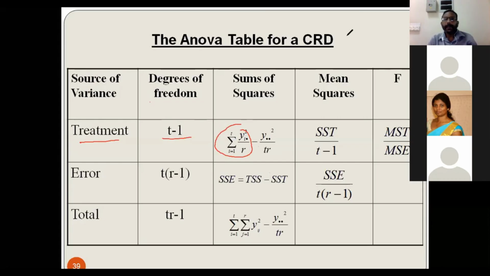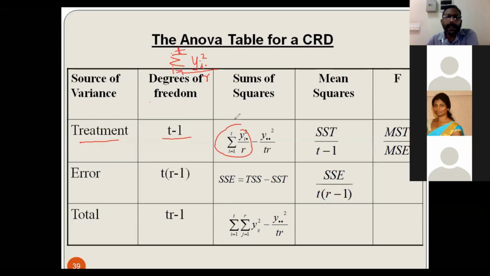Not enough space, so I will use somewhere there. So this summation, what we are doing is this formula: summation of Y I dot squared divided by r, where I is from 1 to t.